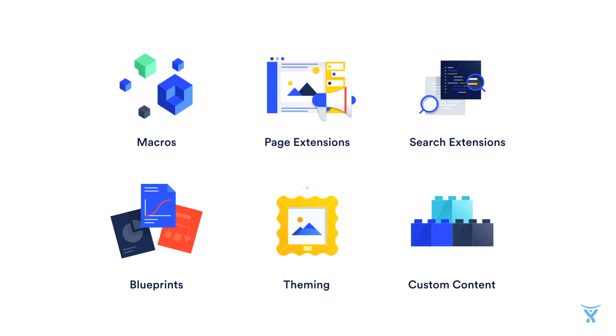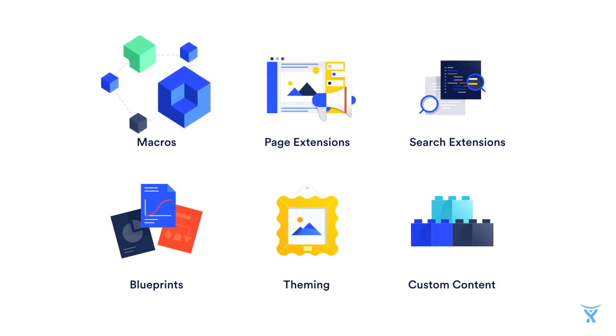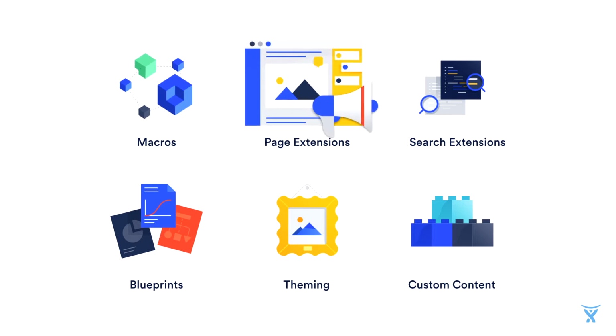You're probably most familiar with the first pattern, which is macros, and that is a way for add-ons to provide content through Confluence pages and blogs. We also have page extensions, so these allow your add-on to extend the byline of a page, or you can also make use of the More Actions menu.